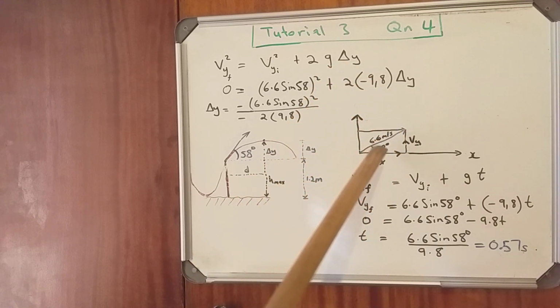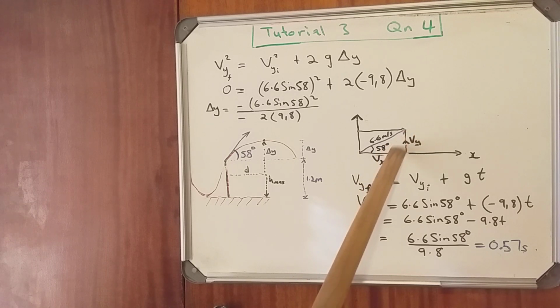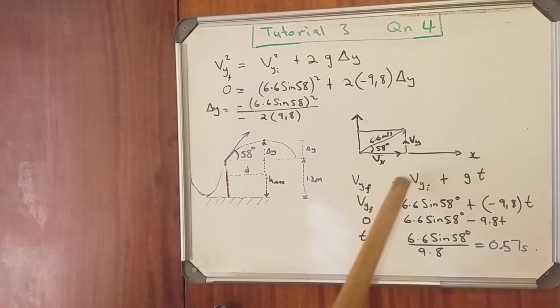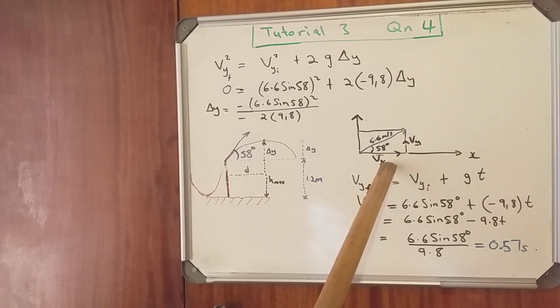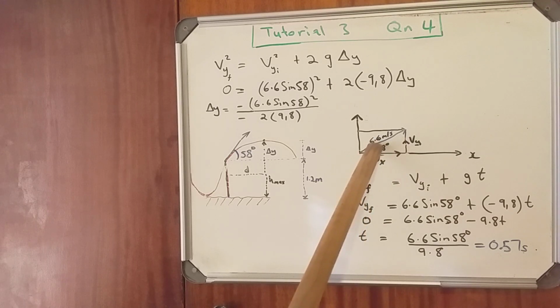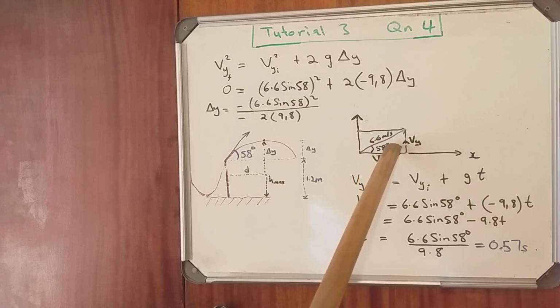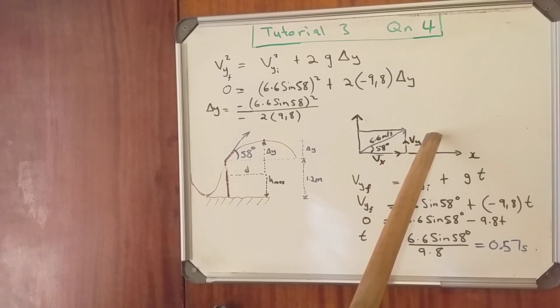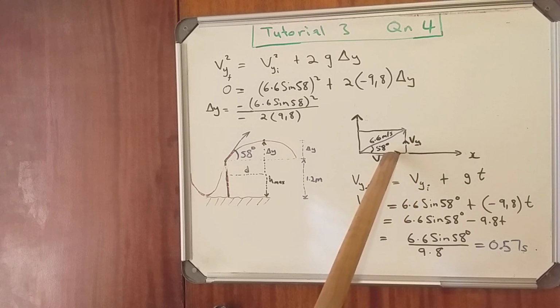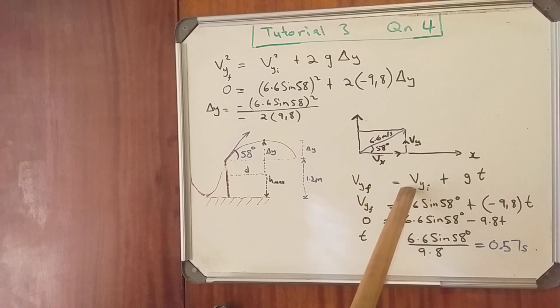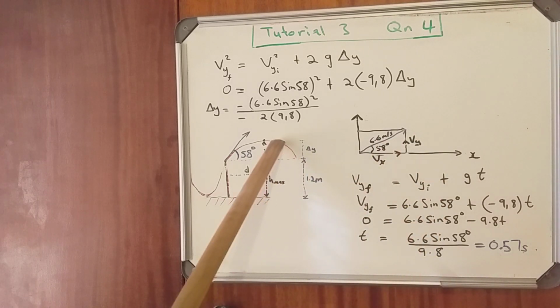In this case, we took up as positive, therefore g is negative. So let's resolve our velocity into Vx and Vy. Vx is equal to 6.6 cos 58, and the velocity in the y is equal to 6.6 sin 58.